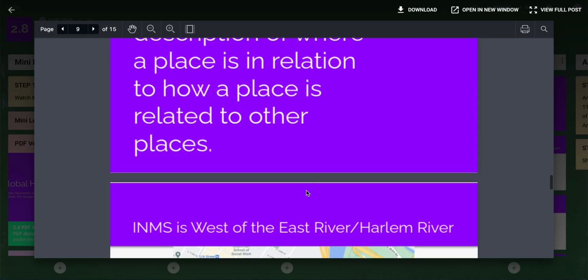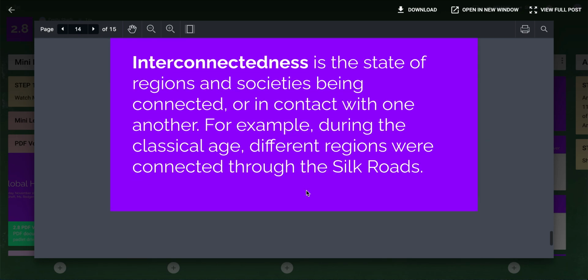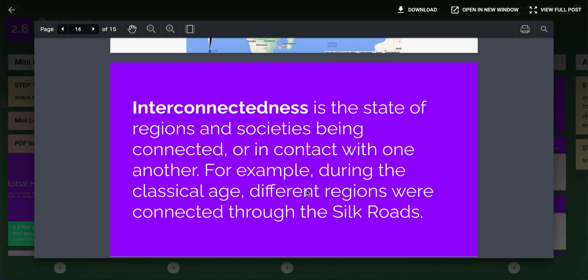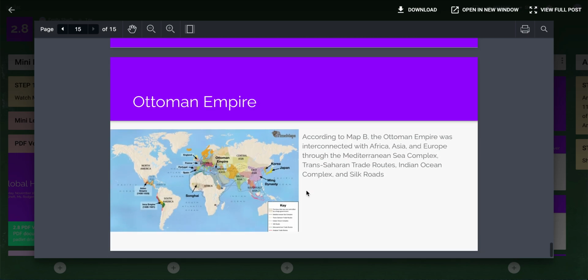So anyways, we're going to see the impact of interconnectedness come up when we learn about the fall of the Aztec, when we learn about the fall of the Inca Empire. And an example of an empire that was very interconnected is the Ottoman Empire, which we're going to learn about in Unit 4.